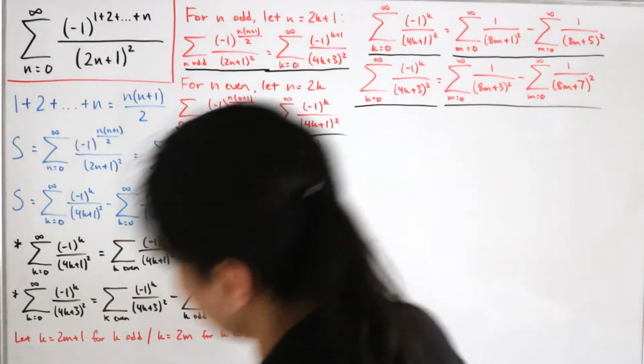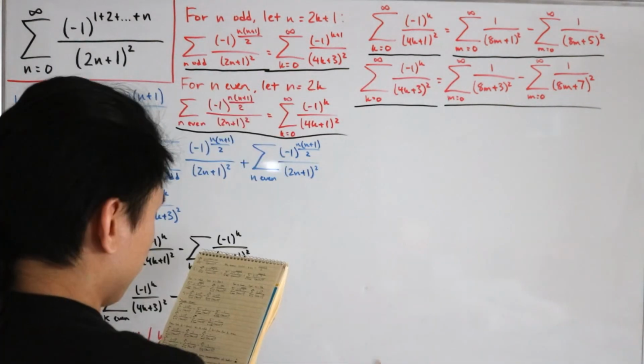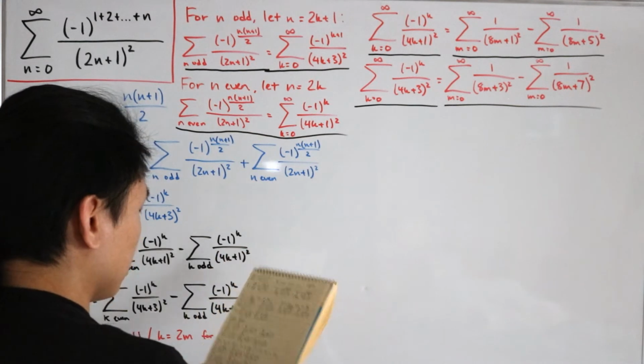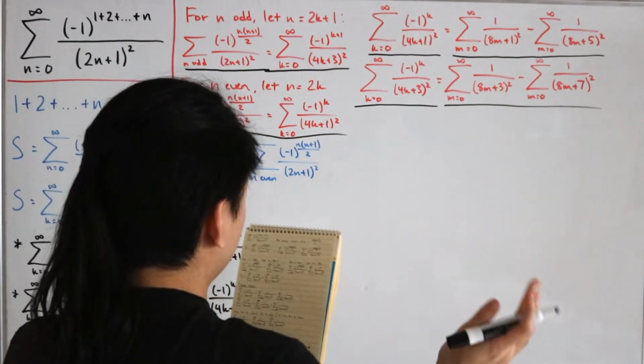Okay, now with that, let's move on to that special formula. What we can do here is apply the polygamma function, the series representation of order s.